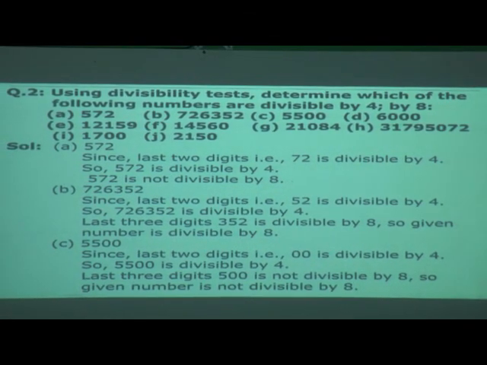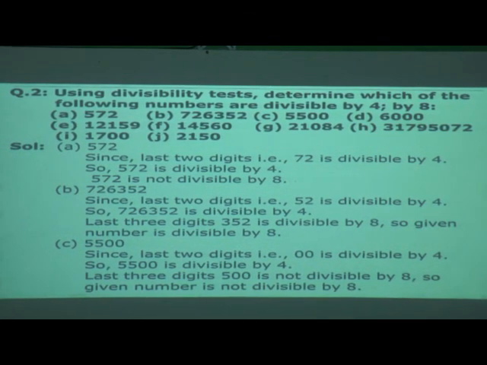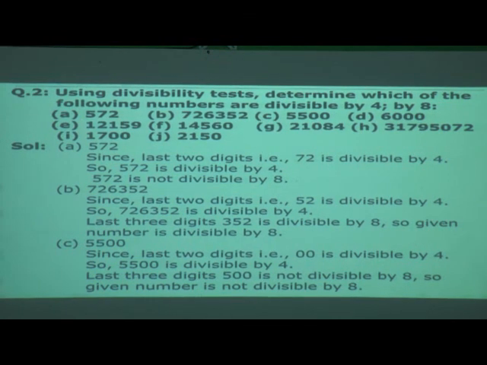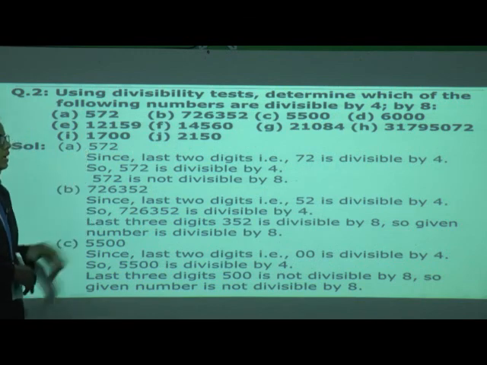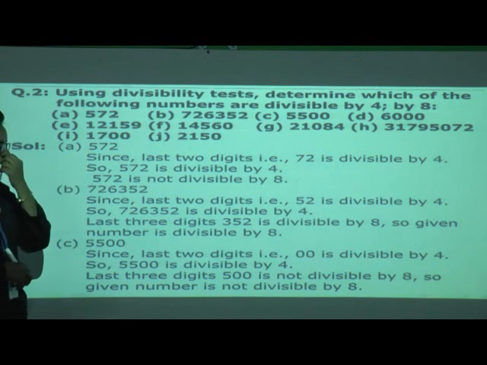Determine which of the following numbers are divisible by 4 and 8. I will explain a few sums. The remaining you can practice at home. The first one is 572. We have to find whether the given number 572 is divisible by 4 and 8.